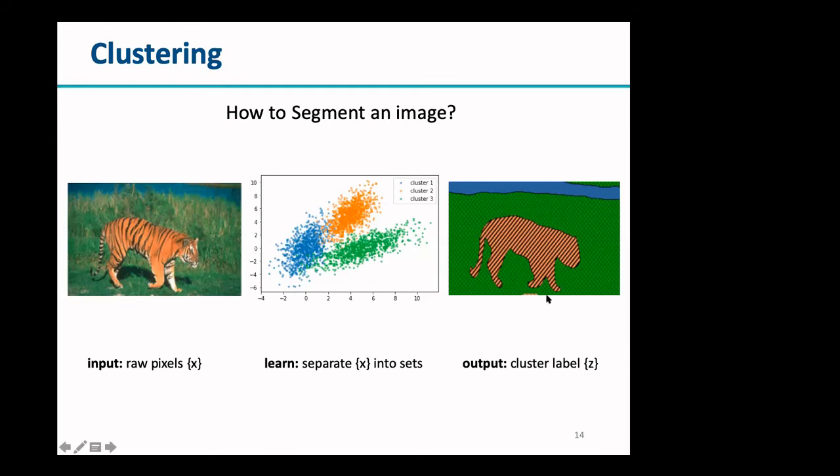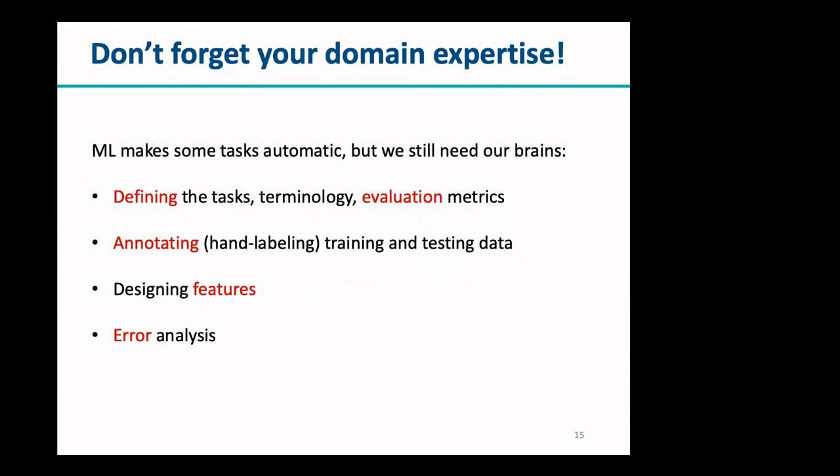It is unsupervised because we don't have any label for the data. As you see, we can apply different machine learning techniques in our data analysis, but don't forget, we still need your domain expertise. For example, for defining tasks and finding the best metrics for evaluation, we need experts to evaluate and propose the evaluation metrics.